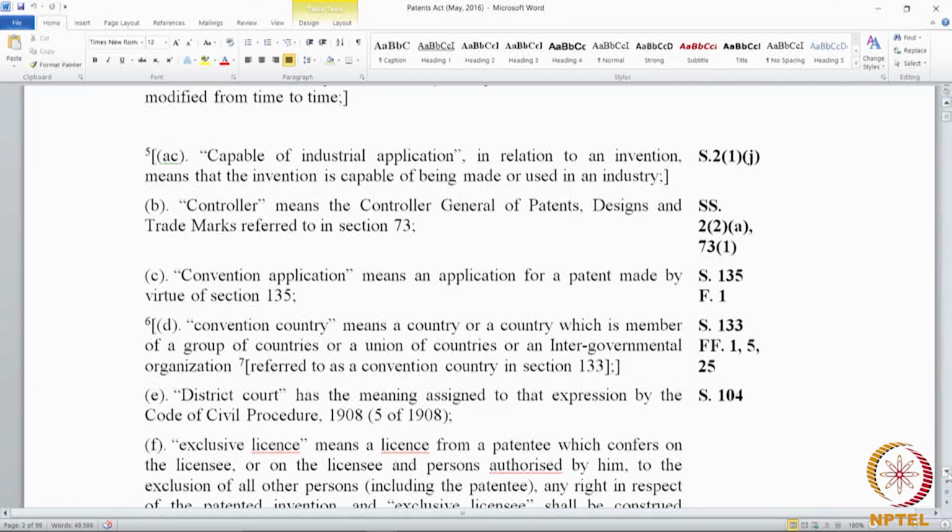District court has the meaning assigned to that expression by the Code of Civil Procedure, CPC 1908. So here is a reference to an outside Act, an Act other than the Patents Act. So this is the third category. Something is defined by reference to another enactment. So to understand what a district court means, you have to look at the Code of Civil Procedure.